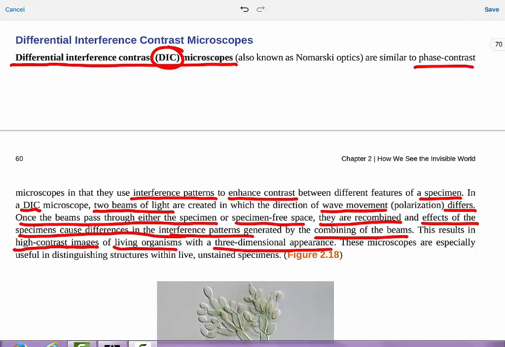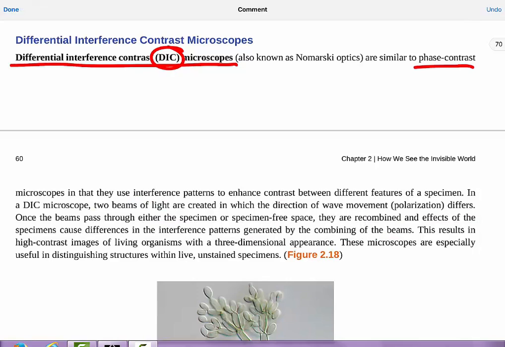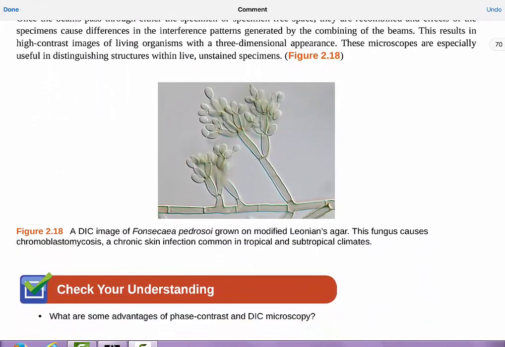So much more three-dimensional. You can kind of see here, we'll scroll down just a little bit. You can see how this is very three-dimensional compared to something that we could see in a laboratory, for example, in a classroom. This results in the high contrast. These microscopes are especially useful in distinguishing structures within live, unstained specimens. So again, one benefit to using the DIC microscope is that you can use live specimens.